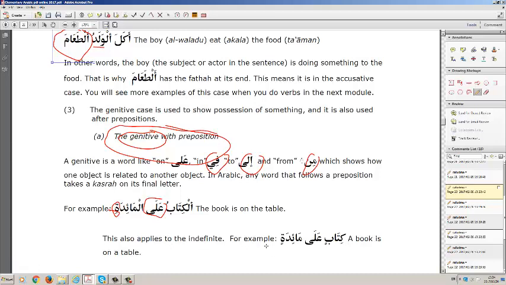And this of course also applies to the indefinite. So we can say a book is on a table. Kitabun, a book, that's because it's the subject of a sentence. Kitabun, a book, is on a table. Ala ma'idatin.